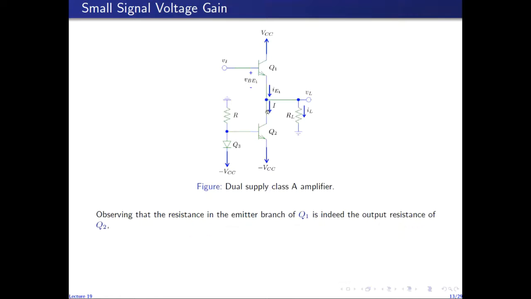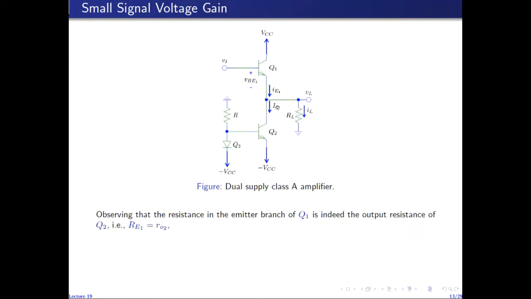By observing that the AC resistance in the emitter branch of Q1 is actually small r naught of Q2, that is, the resistance seen between this node, which is the collector of Q2 or the emitter of Q1, and ground, looking into this node, is small r naught 2.